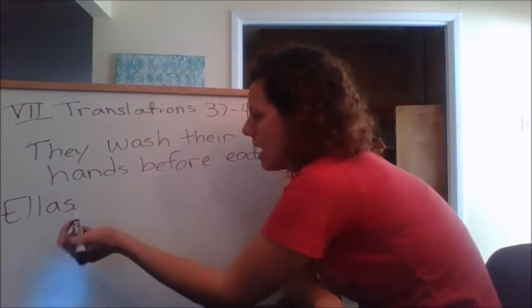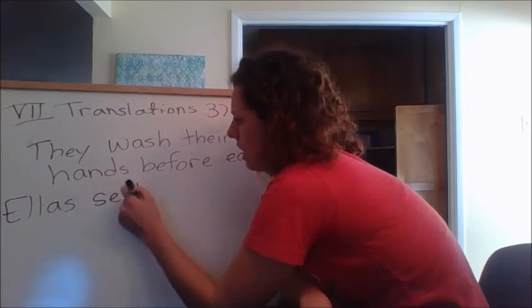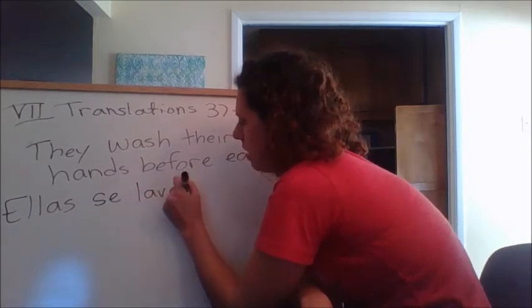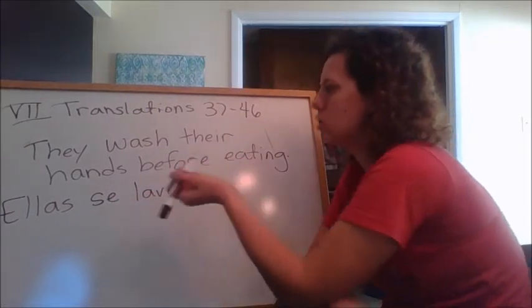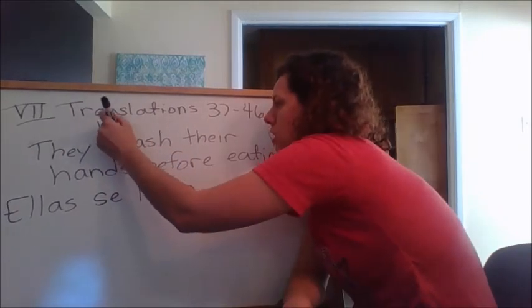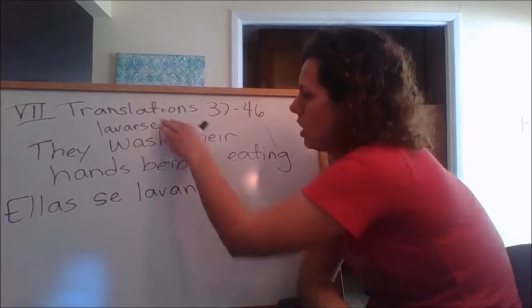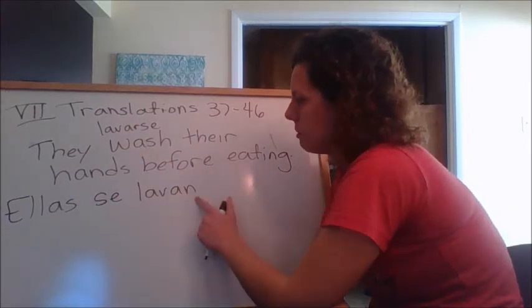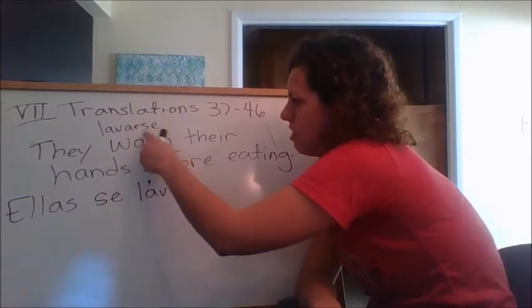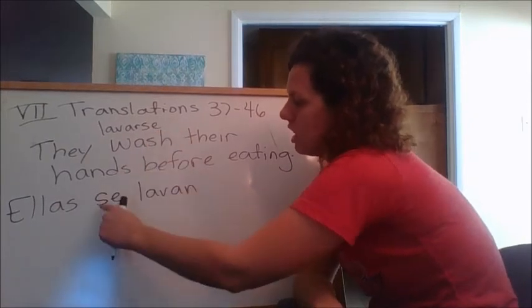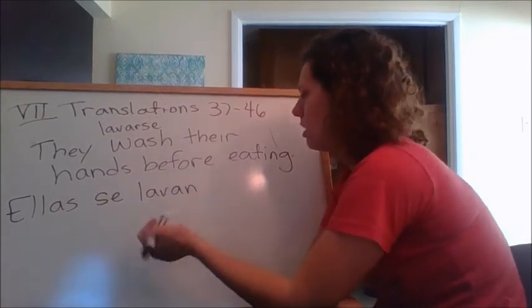So we're going to say ellas se lavan, because to wash is lavarse, right? So conjugate lavar for they, it gets lavan, there's one verb. The reflexive pronoun is se anyway, so the se goes before the verb.